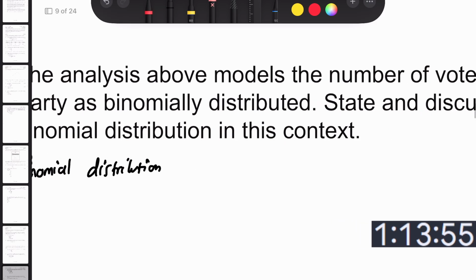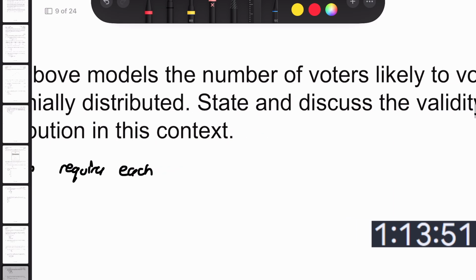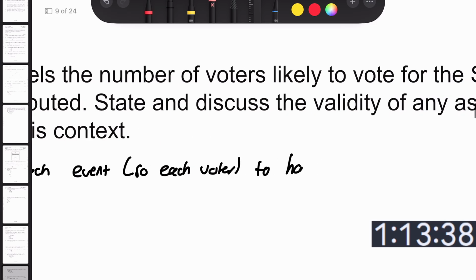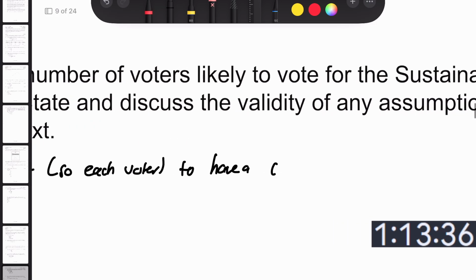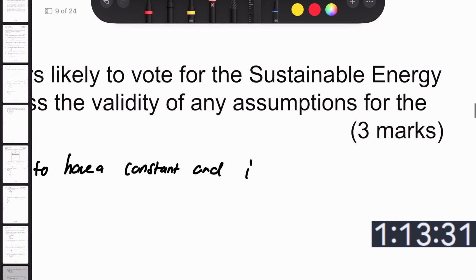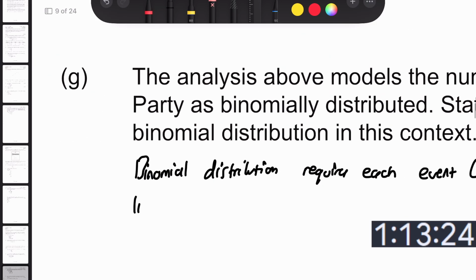Binomial distribution requires each event, so each voter, to have a consistent or constant and independent probability of voting for the party.